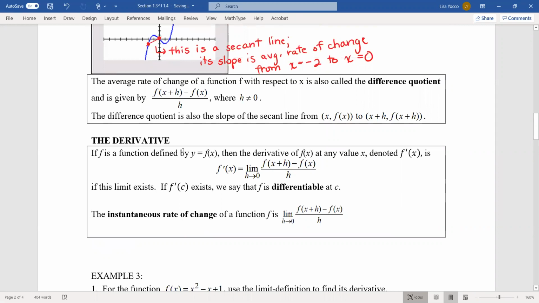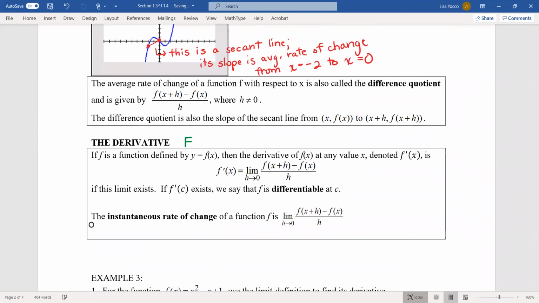Let's see. All right, so that's the difference quotient. And next, you see, this is the formal definition of a derivative. All right, formal definition.